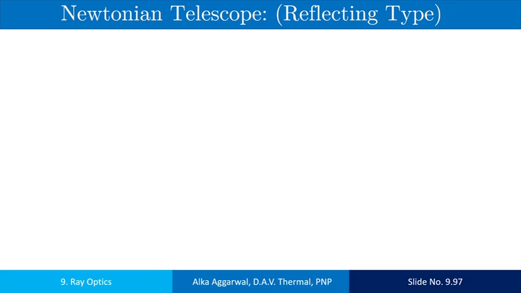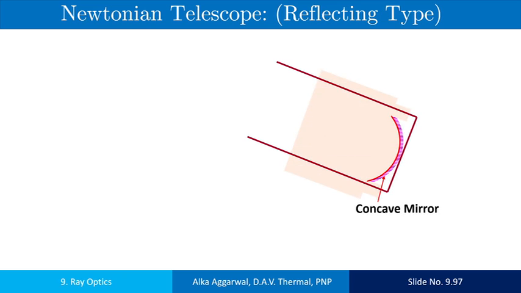The second type of reflecting telescope is the Newtonian telescope. The light from the distant star is allowed to fall on a large concave mirror, which is the objective and is fitted at the end of a long tube.